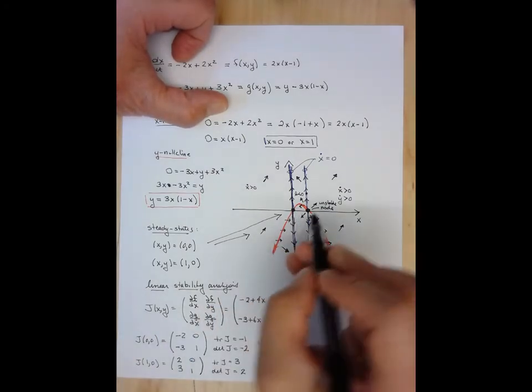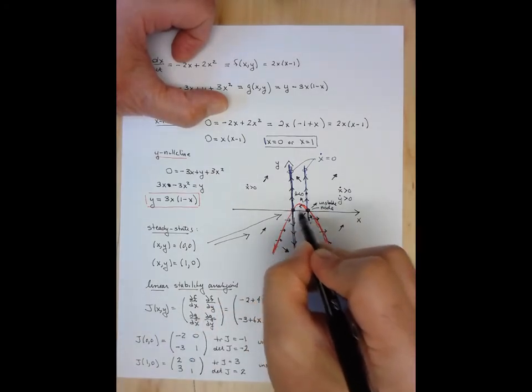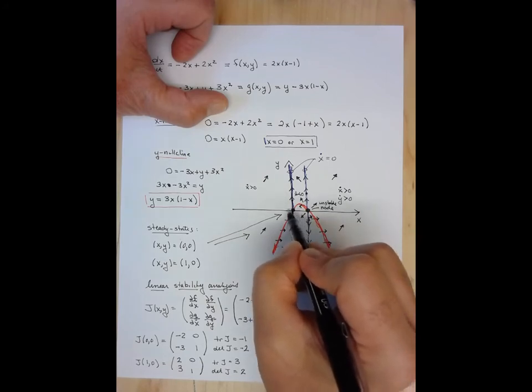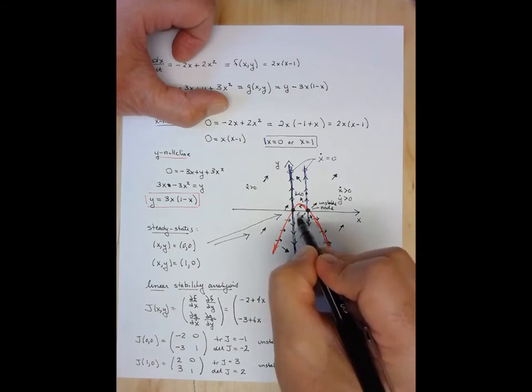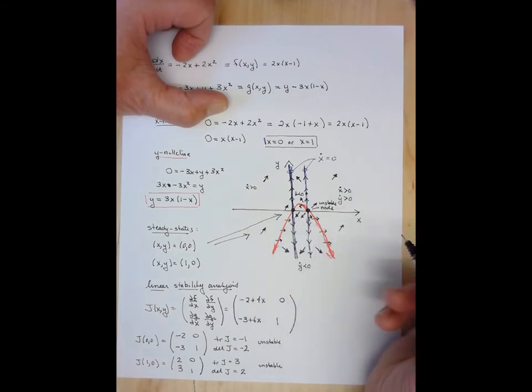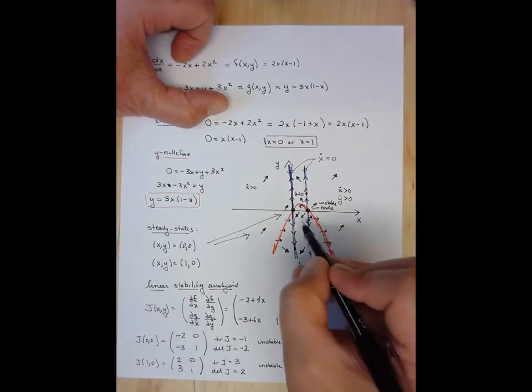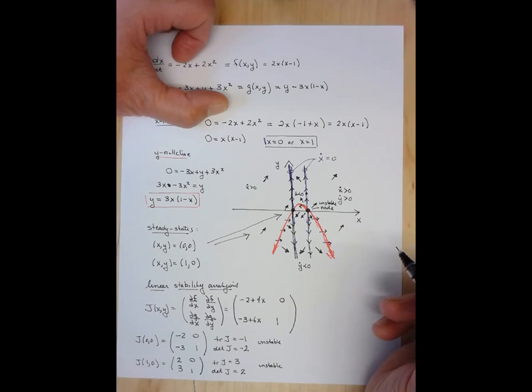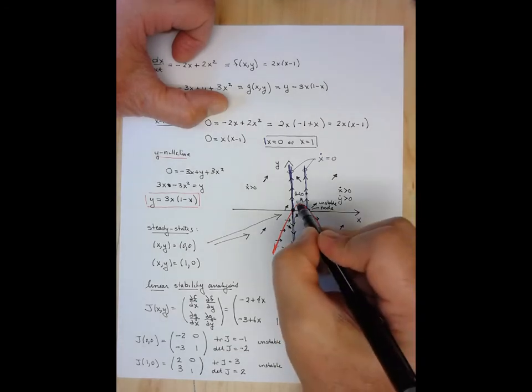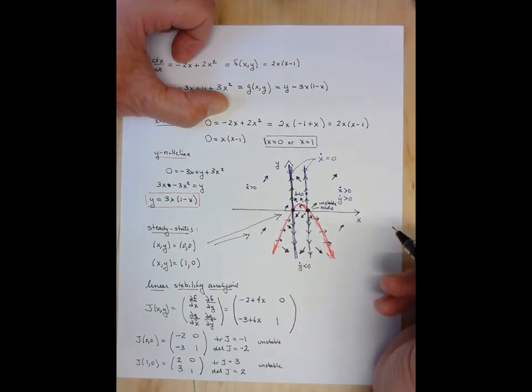And this one, if I do the same thing and think about what's happening nearby, the flow is moving to the northeast over here. It's moving to the southwest in this region. And this region is moving in that direction, southeast. And in this region up here it is moving northwest.